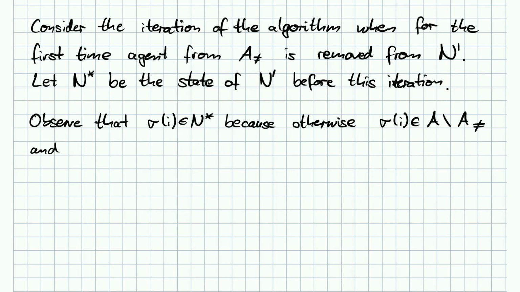This would also mean that sigma of I got removed before because it was on a cycle.